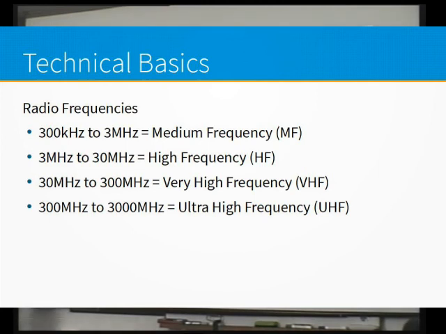So that's how we split up. And you'll notice we talk about HF, VHF, UHF, CB. 27 meg CB is HF. It's in the HF band. And then there is an area in the middle called very high frequency, or VHF.